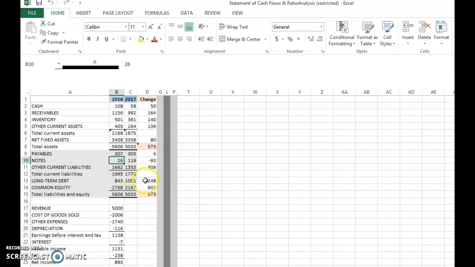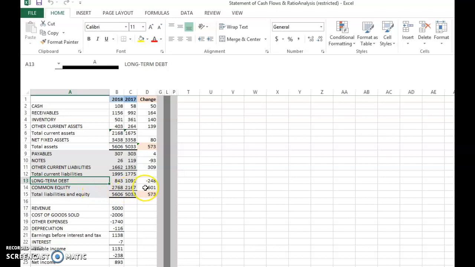Likewise, long-term debt has a drop, from $1,091 million, that is $1.09 billion, reduced to 843. So you have negative here and negative here. It shows that the company has reduced its notes payable and long-term debt by a substantial amount in the year 2018.